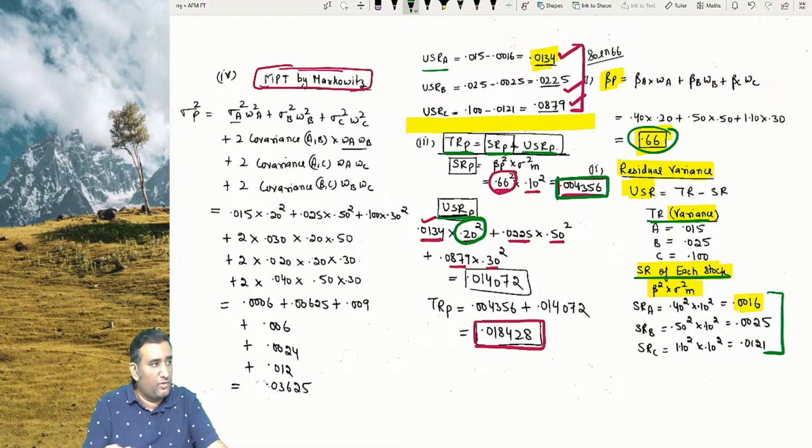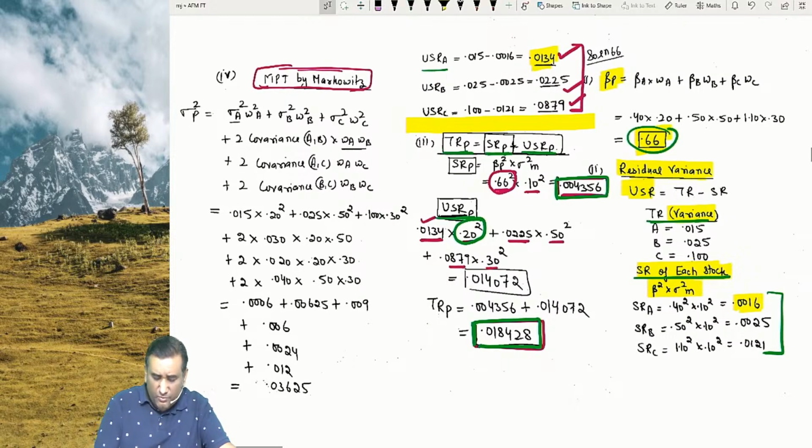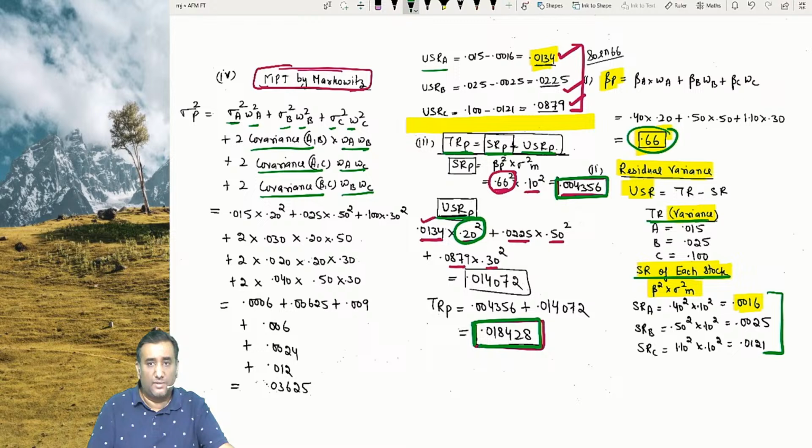Remember, if you have a square form, you use the square form accordingly. And total risk of portfolio 0.018428. And in this case, since he said variance, the variance was asked, so variance would be A square, weight square A, B square, weight square B, C square, weight square C, plus 2 covariance AB, weight AB, covariance AC, weight AC, 2 covariance BC, weight BC, and accordingly the number.